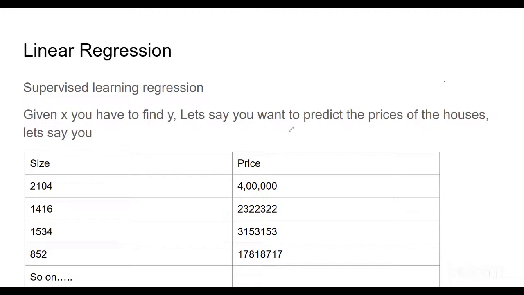So let's say you want to predict the prices of houses, and you have the x variable as size and the y variable as price. So this is the size, and this is the output cost. So how will you go about it? Just give me a moment.